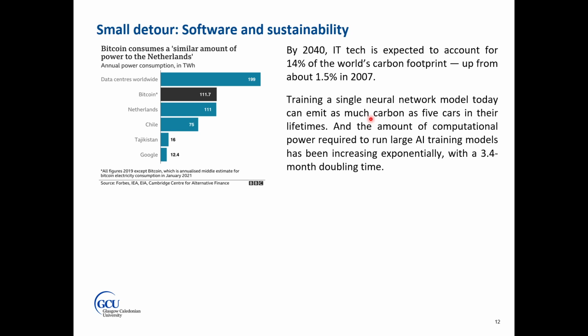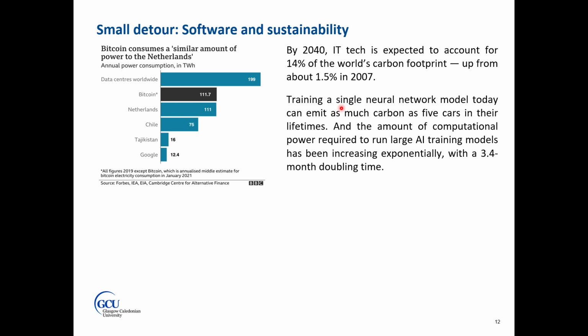I guess this is one of the very big networks that Google and Facebook use, and the amount of power it requires doubles every 3.4 months. So imagine that you're using a neural network to optimize your robotic setup for some particular action.